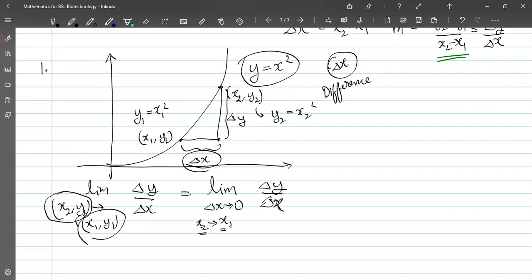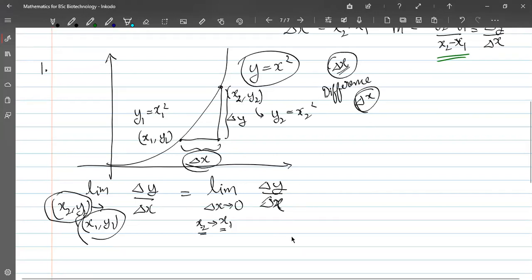It is not a separate constant or variable. Delta x is one thing. You should understand it is one thing, not delta multiplied by x. This is just the name, in case you have not seen the notation before. So there's no question of cancelling delta, for example, in this fraction, right?